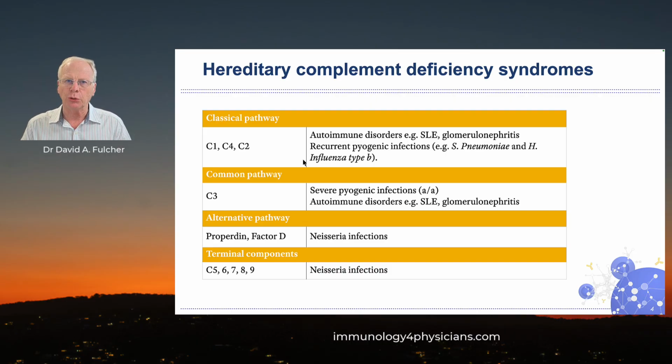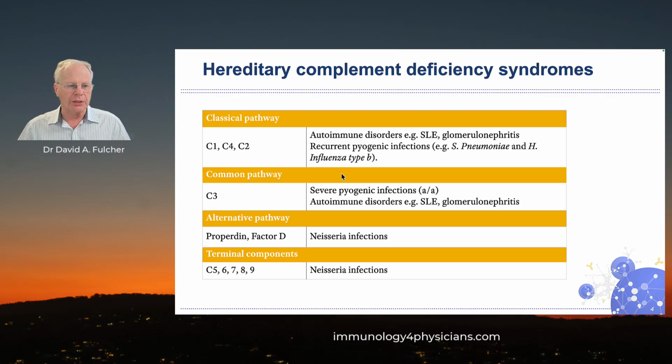Now, you remember that all three pathways of complement converge on the C3 to C3b step. And so if you're missing C3, obviously there's a lot that's going to be going wrong. You suffer from severe pyogenic infections as well as all the immune complex type conditions that we associate with the early components of the classical pathway, specifically when they're deficient.